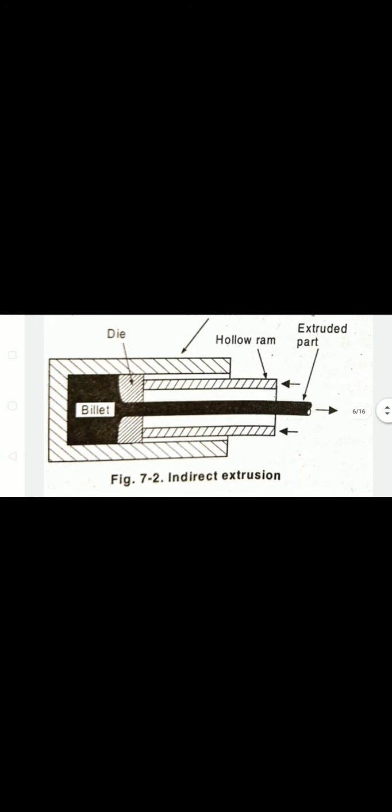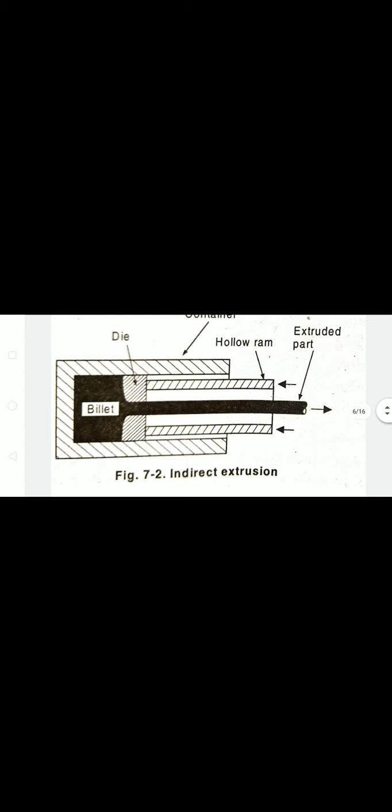Indirect extrusion is also clearly represented in a figure. If you look at the picture, it also contains a container, a hollow ram, and a die, all arranged in the container in the desired position.